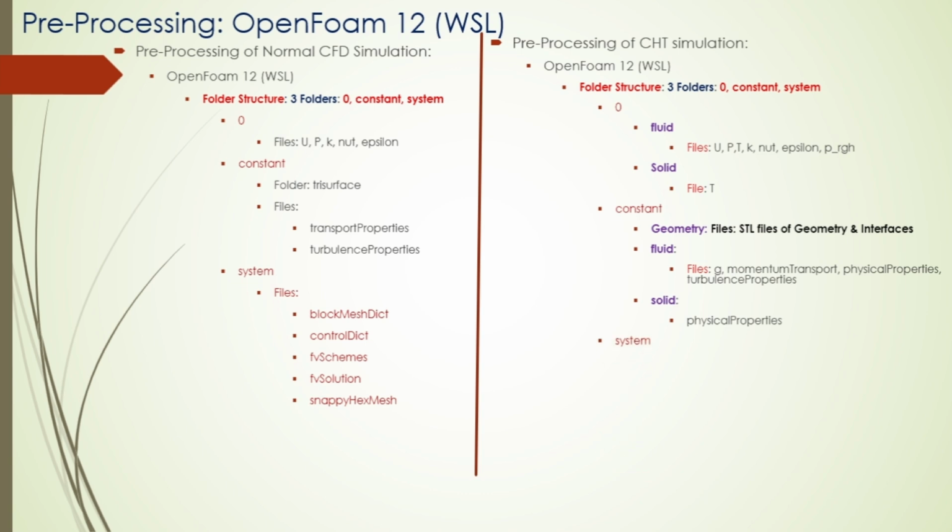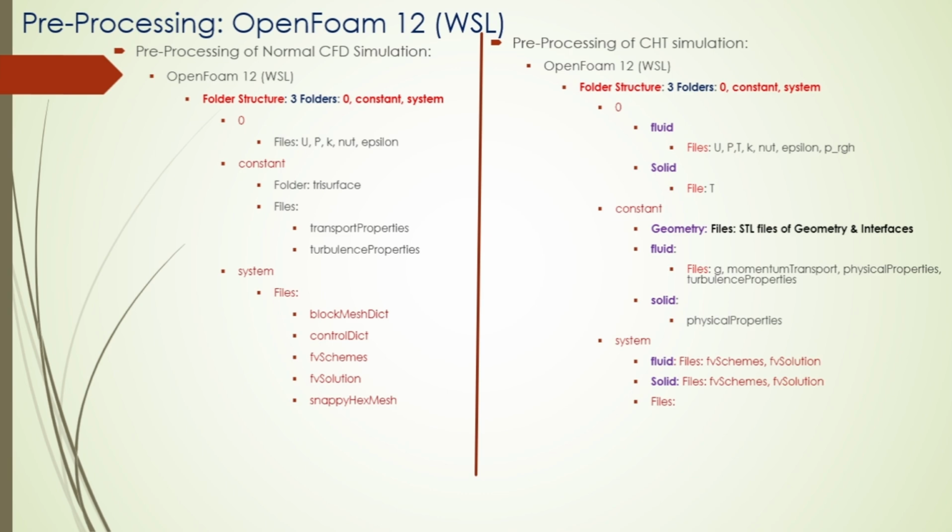Then you have the next folder, system. Here, in the subfolder fluid, the files for finite volume schemes and solutions are provided, which are used for simulation in the fluid region. Then the same files are provided for the solid region in subfolder solid.